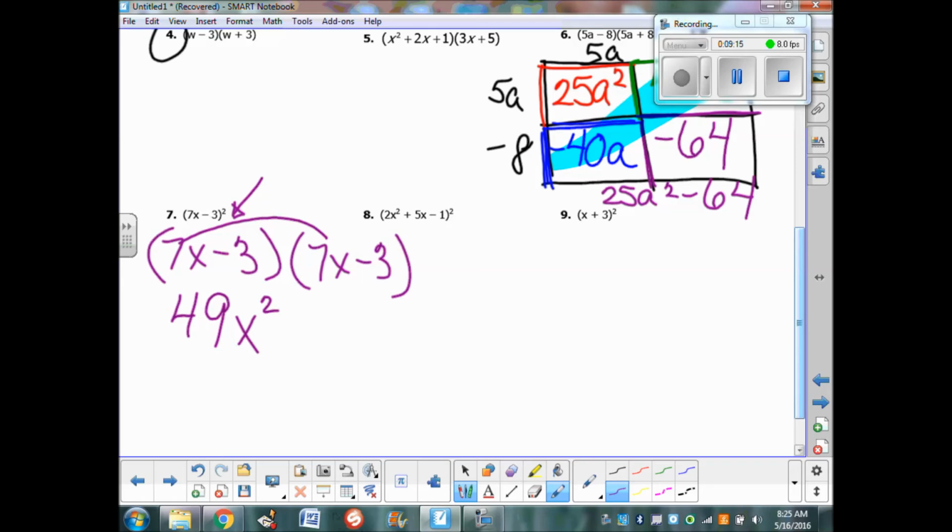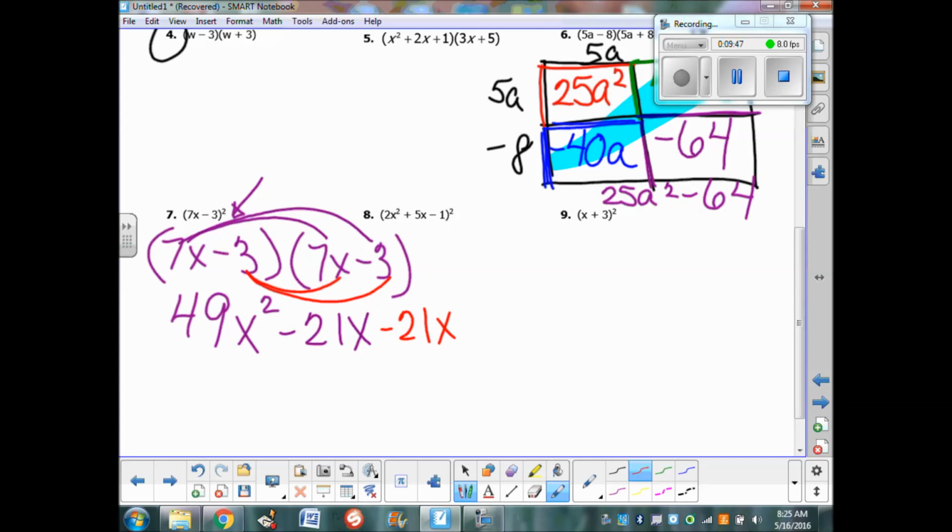Now I've also got to distribute 7x times negative 3, which is negative 21x. But I'm not done. Here's where the double distributing comes in. Because now I have to distribute the negative 3 times 7x and the negative 3 times negative 3. So negative 3 times 7x is negative 21x.